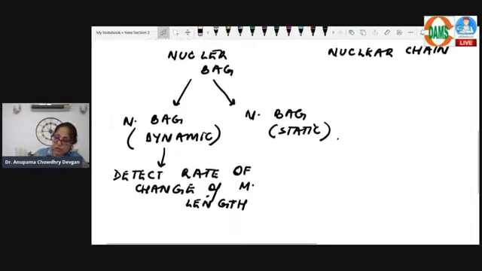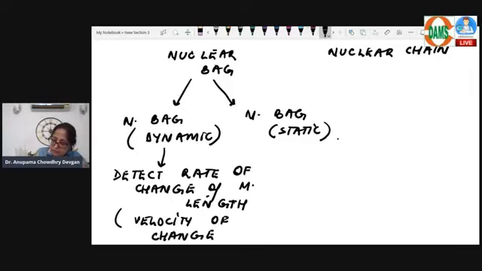Or you can also say they detect the velocity of change of muscle length. This is what is meant by rate of change. Please remember, whenever I use the term rate, it means it has to be per unit time. The length of the muscle is changing with time. That is the rate at which this change occurs.